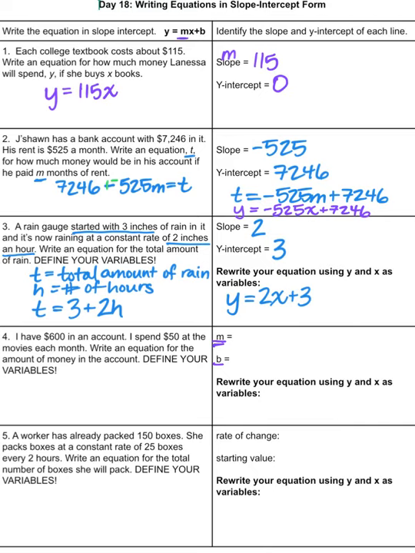So let's say T for total amount of money. And then since I'm talking about movies, I'm going to say F for films, movies.